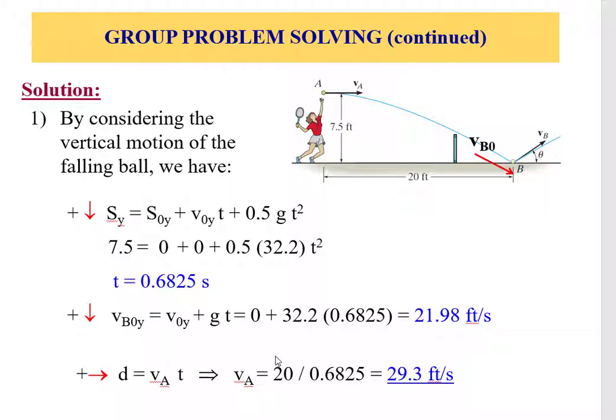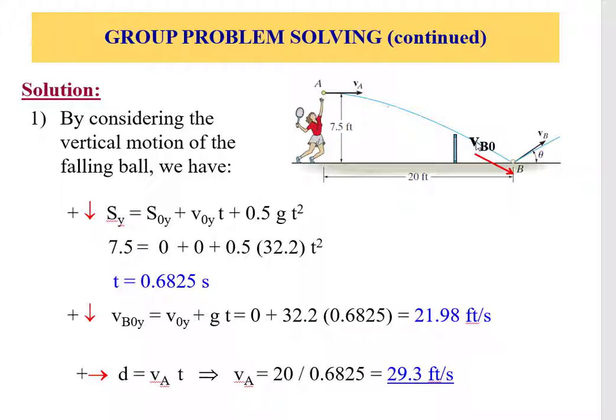So VB naught you can calculate from another equation, and using the VBY, and VA is constant always, so you'll be able to know the VAX. So this is VAX. So VB naught has two components.